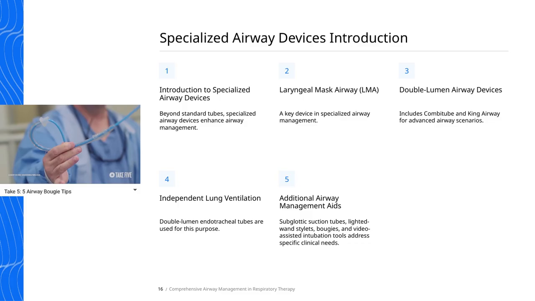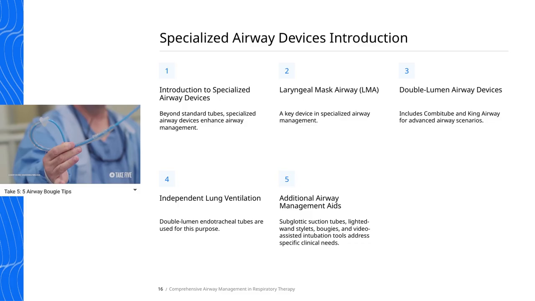Moving on, there's the double-lumen endotracheal tube, which plays a crucial role in independent lung ventilation. This device allows us to ventilate each lung separately, which is essential in certain surgical procedures or lung isolation scenarios. We also have advanced airway options like the Combitube and King Airway.